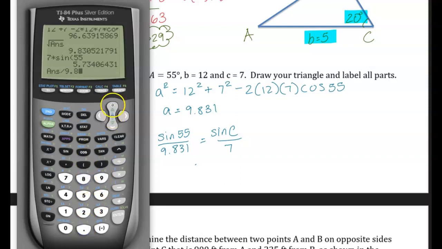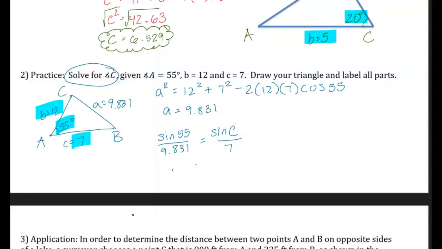Oh, what am I doing? I'm so bad. I'm doing what I yell at people to do all the time. Gotta pull down. But that is what sine of C is equal to. So I'll write it down. 0.58 is what sine of C is equal to.